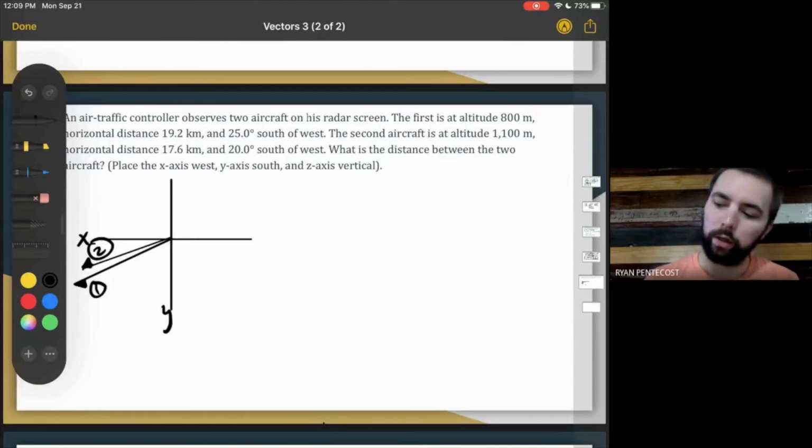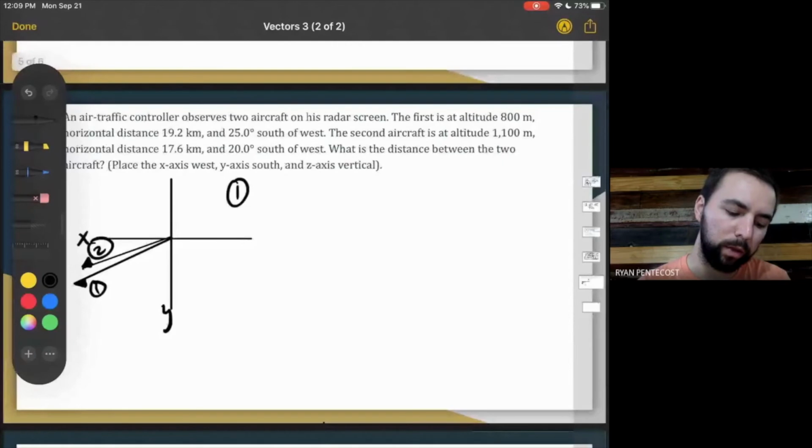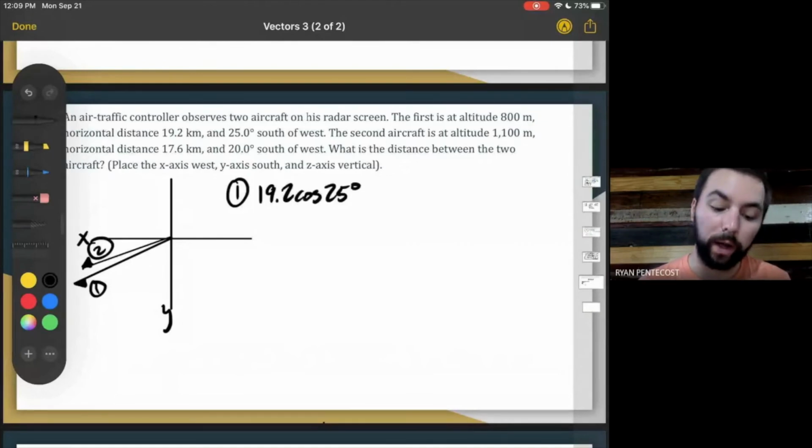So let's do plane number 1 first. Our I component, we have our vector at 19.2 kilometers, 25 degrees south of west. So we will take 19.2 cosine of 25 degrees, and that is west in the I direction, so that is positive.